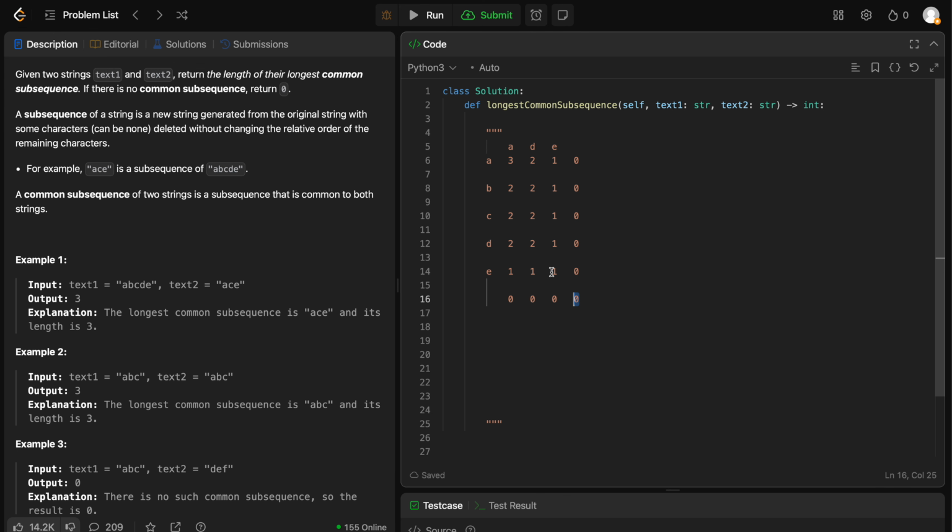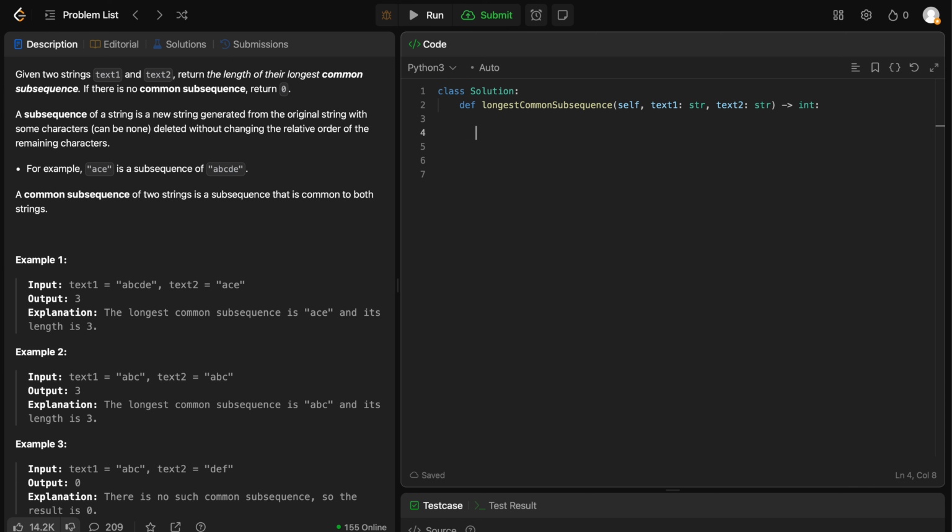If they do not match, then we consider what did match on the right, so if one had 1 less character, something like that. So let's try to code this up. I know it's not a perfect explanation, but these bottom-up approaches are sometimes a bit hard for me.